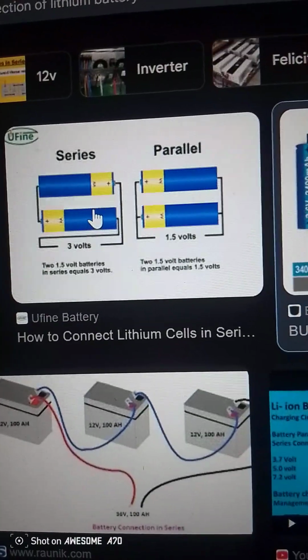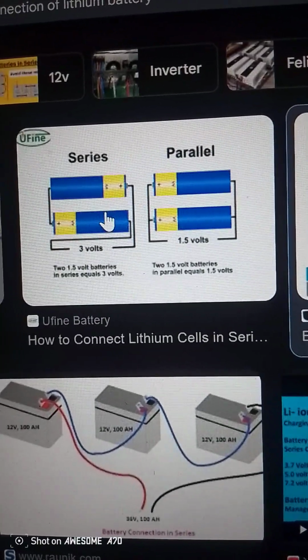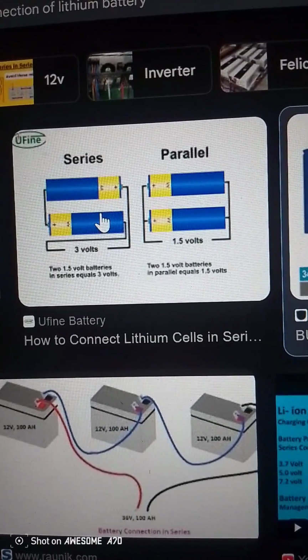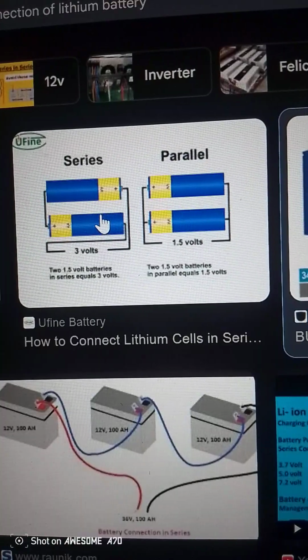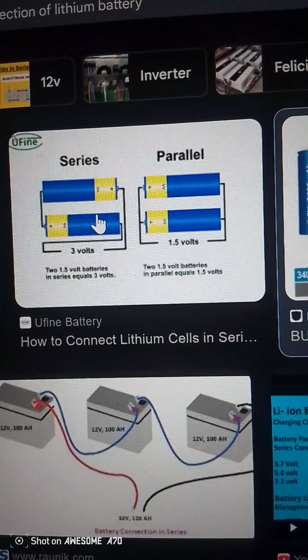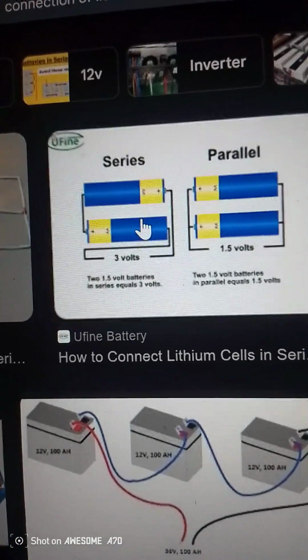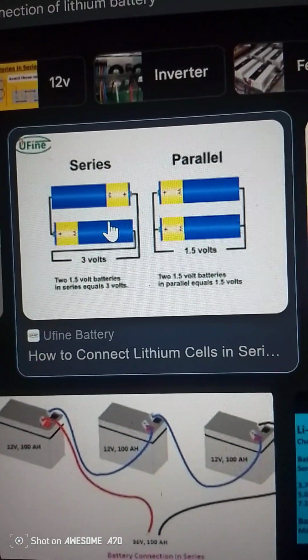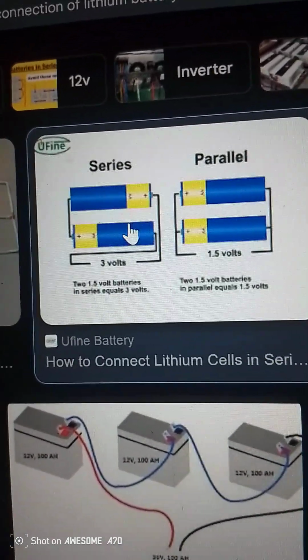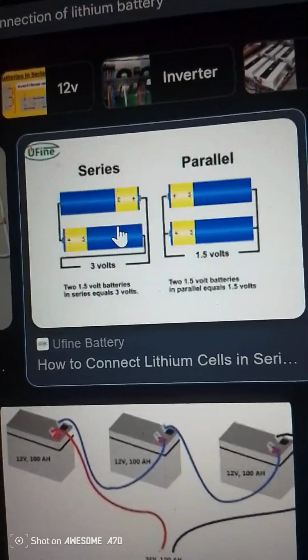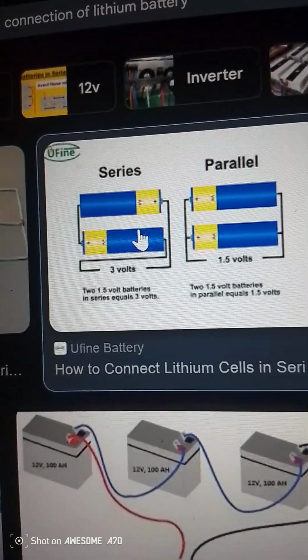How do we move the wires? What do we do there?